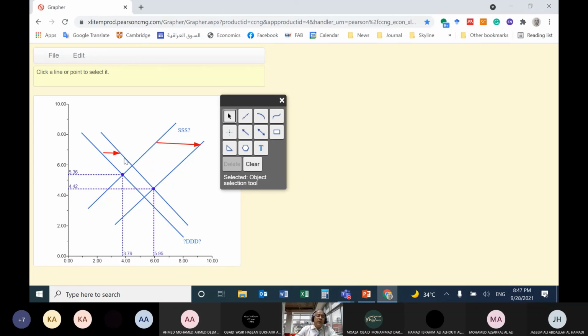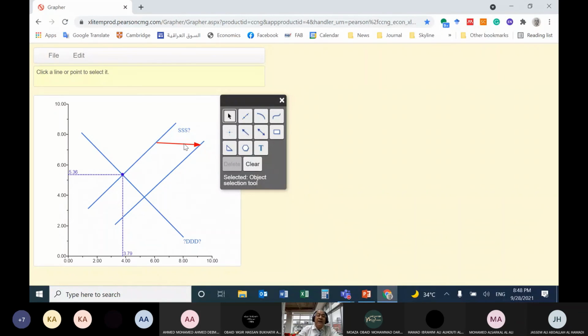So what I will do now is this: employees working in tomato farms, their wages decrease. What will happen to supply? If the wages decrease, that means production cost decreases. Producers of tomatoes will feel happy. Supply will increase.